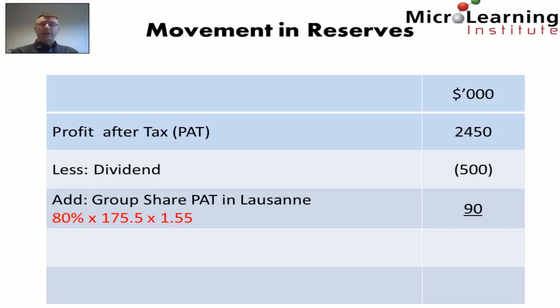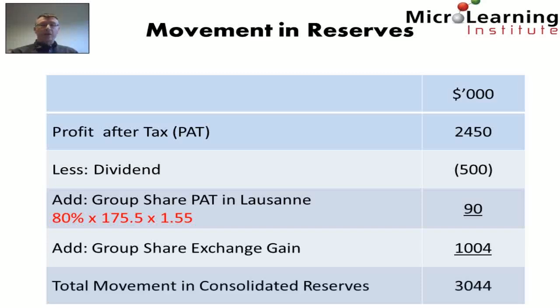That, of course, was 80% of the 175,500 Swiss francs exchanged at the average rate of 1.55, giving us group share. We also add the group share of the exchange gain on net asset translation that we've just calculated from the previous working. So consequently, the total movement in consolidated reserves in the consolidated statement of financial position of the Mitchell Group for this period is $3,044,000.